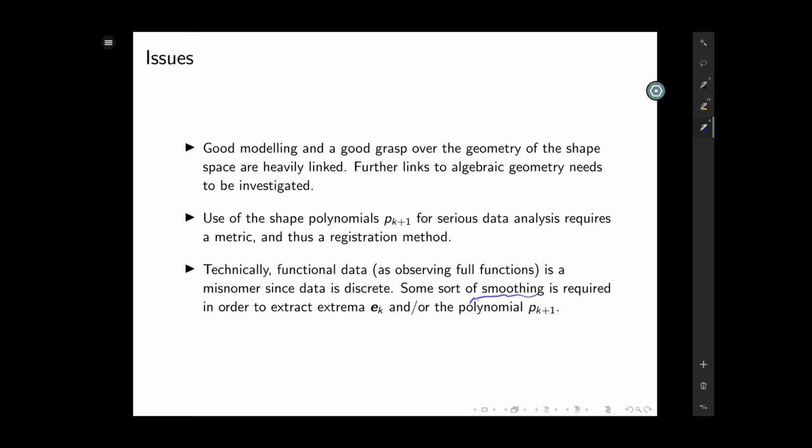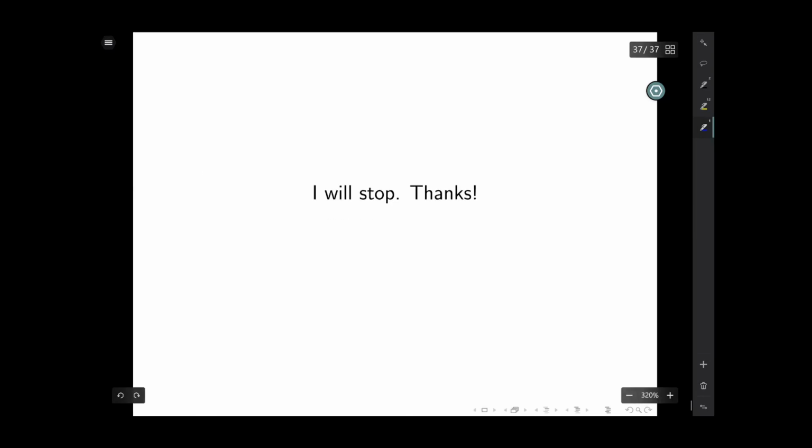And what you do, how you smooth, will affect how you extract the extrema, as you can quite easily imagine, and hence the polynomial. So in practice, the definition of shape needs some careful thought, especially when there's a lot of noise in the observed functions. Thank you very much.